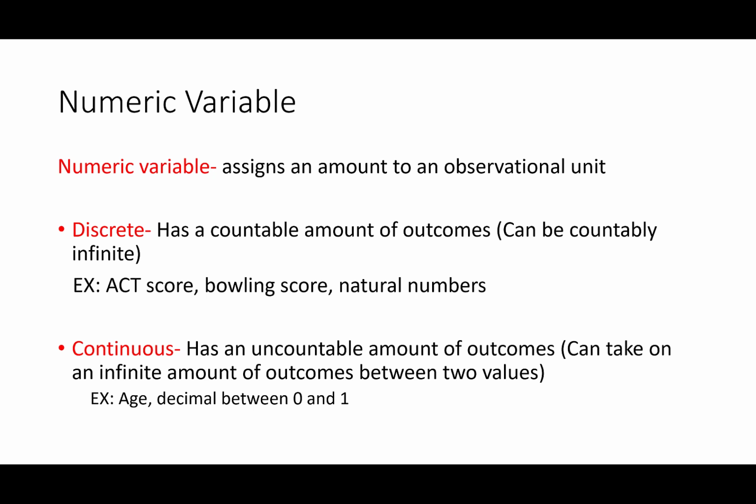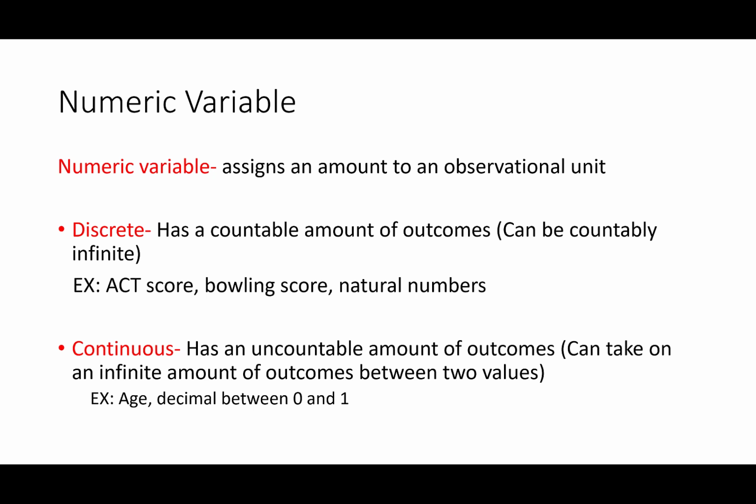If you think of your age at this very moment, maybe you're 20 years old, 2 months, 4 weeks, 6 days, 7 hours, 10 minutes, 4 seconds, 10 milliseconds, and so on and so forth. You can always get more and more specific. There's an infinite amount of ages just between the ages 20 and 21. You won't be able to count all of them. You can always get more and more specific.